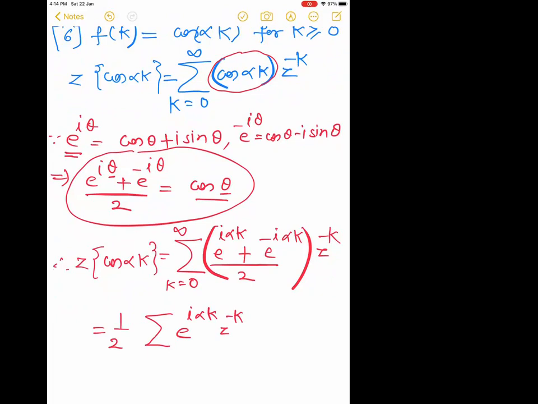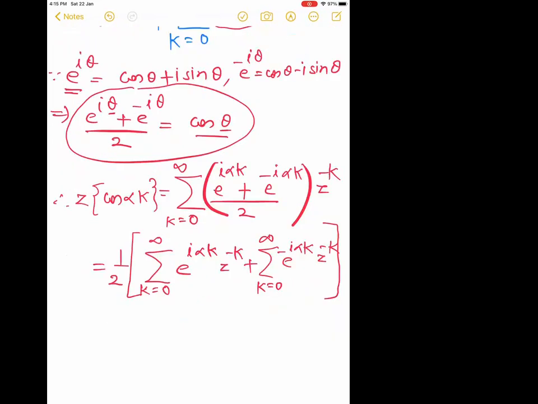And the second summation is for e raised to minus i alpha k into z raised to minus k. In both cases, k is of course 0 to infinity, and 1/2 is for both. So I can put it in the square bracket. So again, that can be rearranged.